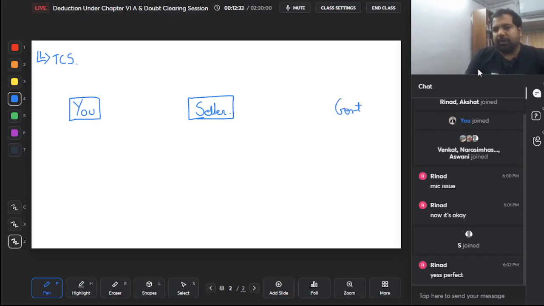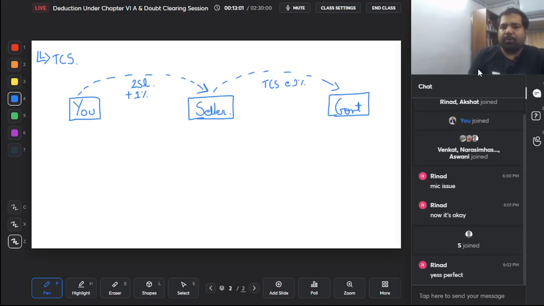This is the government here, and they want to know who is this person who is buying this fancy car. So they tell the seller, are you going to be collecting 25 lakh rupees? That is the price of the car. Yes. And while you collect it, can you also collect 1% more and pay it to us as tax collected at source at the rate of 1%?